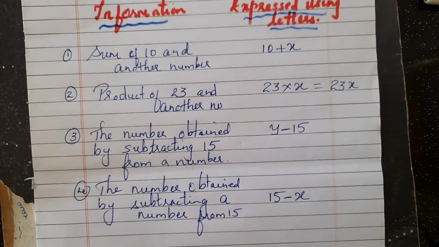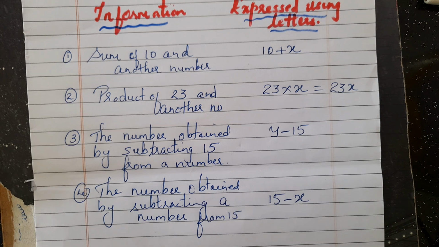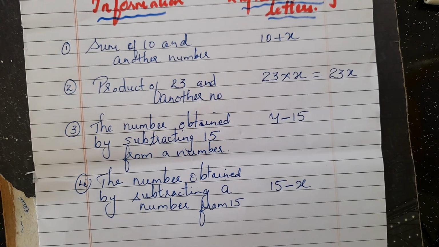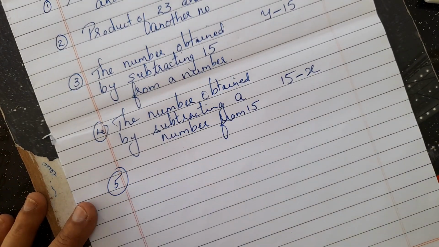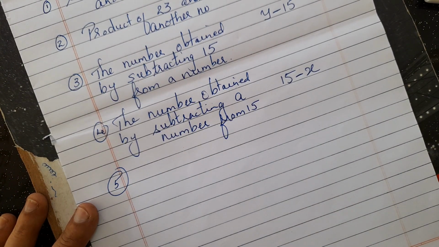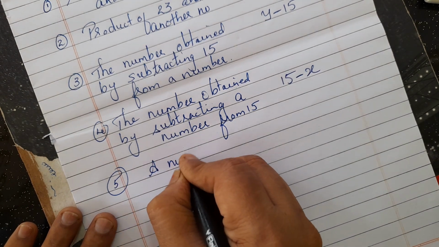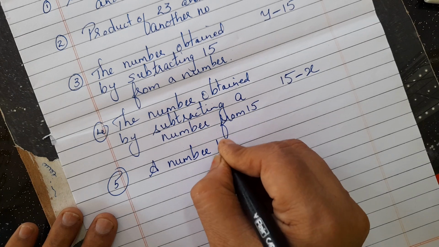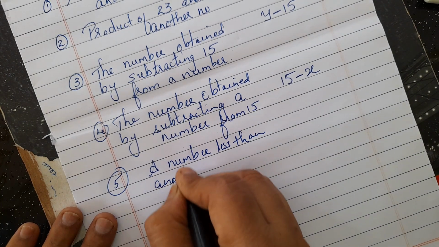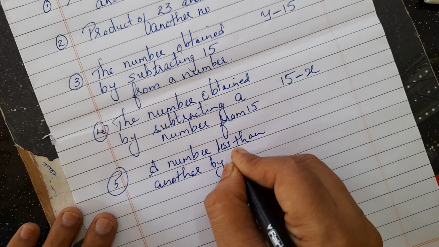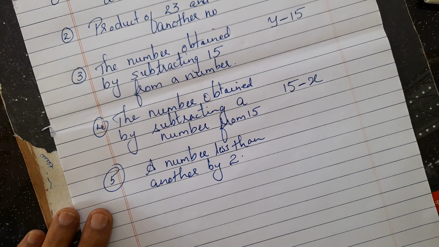So I hope children, you can note this down, if you want you can write and keep it. Okay. Now let us see some more statements. Suppose it is given: a number less than another by 2.